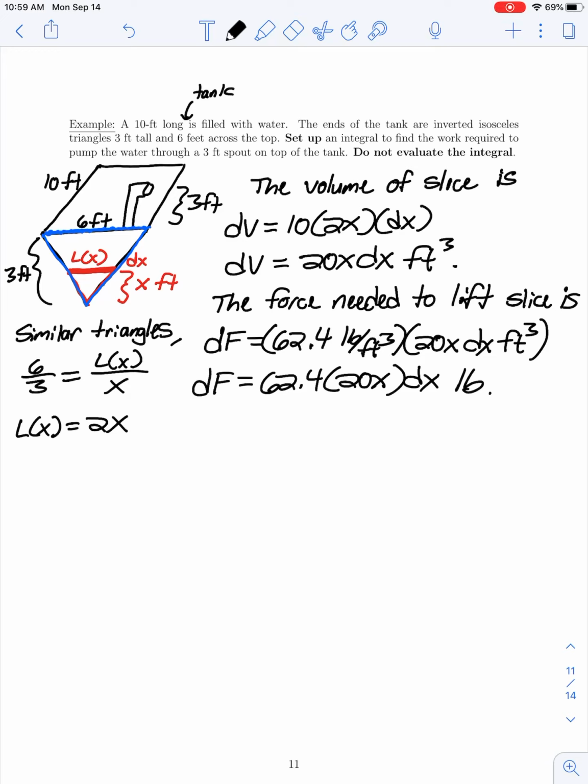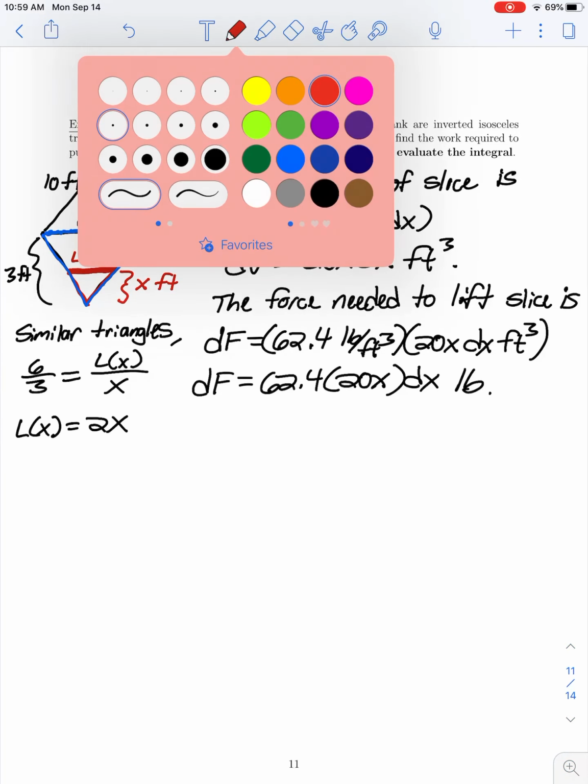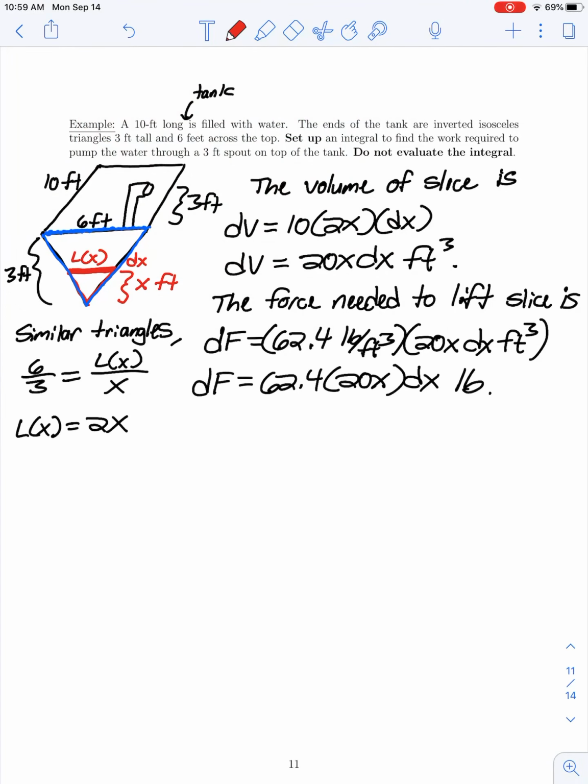So to get work from force, we need to multiply by the distance that this slab is traveling. Now, if we let x denote the distance from the bottom of our tank upward, and the height of the tank was 3 feet, that means the distance from the top edge of our tank down to the slab would be 3 minus x feet.